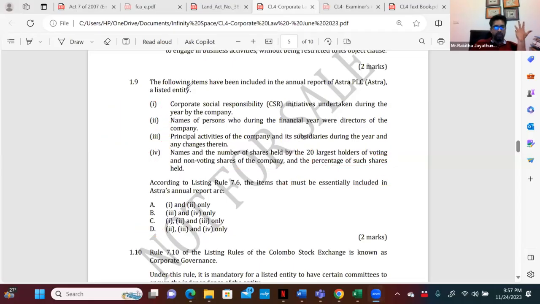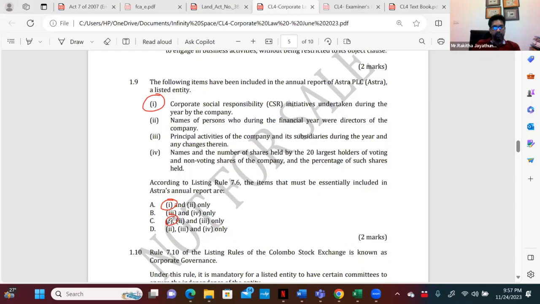Here, if you do not memorize, then it's a little difficult to get the correct answer, but you can increase the possibility of getting the correct answer because Roman 1 is not a mandatory requirement. It's a good thing, but not mandatory. Therefore, A is out here. Roman 1 is there in C also.